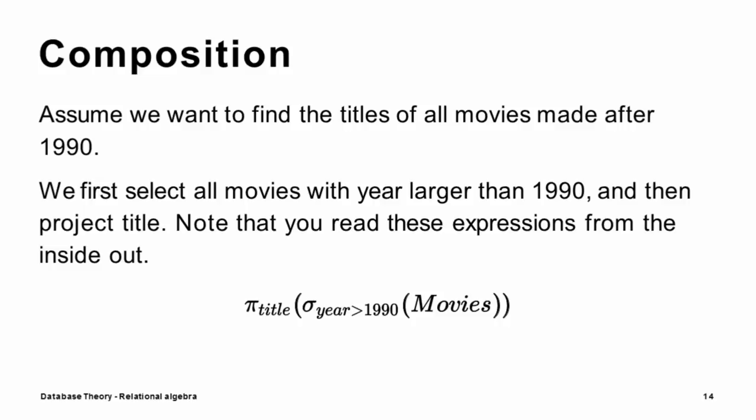So that operator returns all the tuples having year larger than 1990, and that returns a new schema with that condition met. We send that to the projection operator, where we tell it, okay, we're only interested in the title. So we are returned the title of movies produced after 1990.